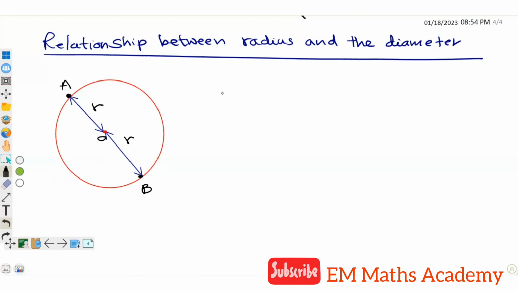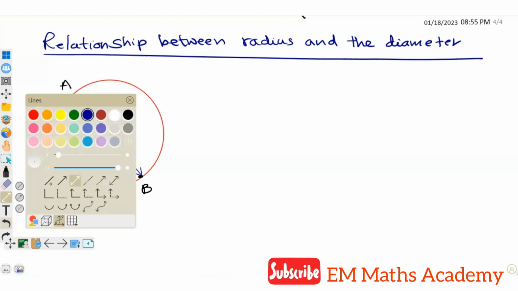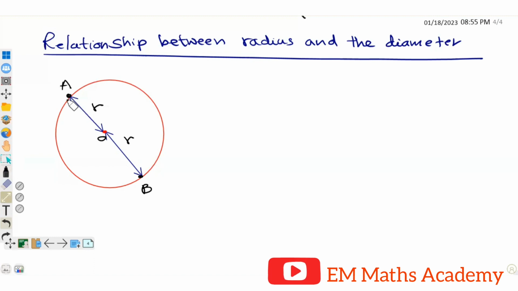Okay, this distance. Now look, if I consider the diameter, what does diameter mean? It is the line drawn joining 2 points of a circle which passes through the center.